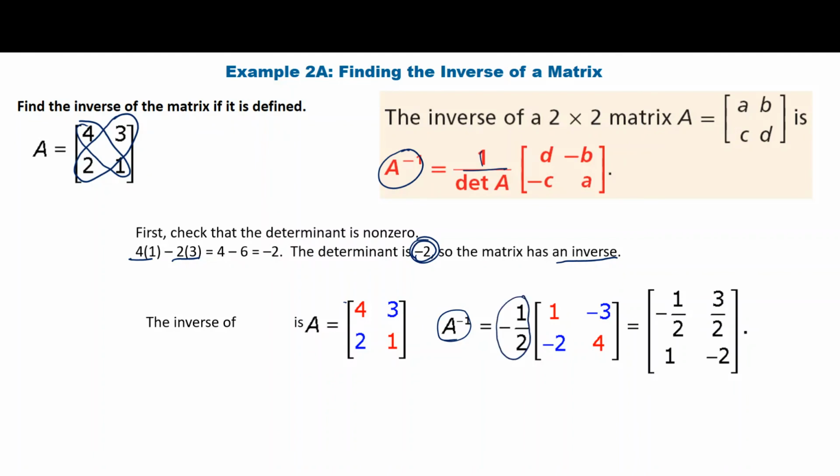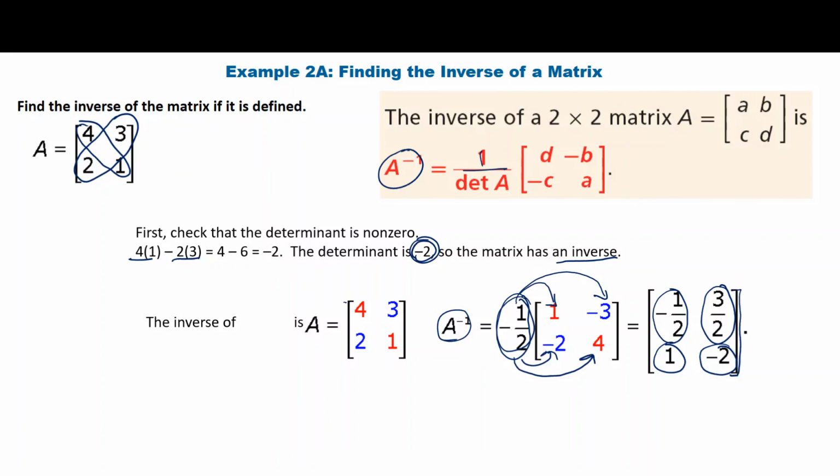This is a scalar, so we just multiply each one of these. -1/2 times 1 is -1/2. -1/2 times -3 is a positive 3 over 2. -1/2 times -2 is a positive 1. And -1/2 times 4 is -2. So now we have our inverse matrix.